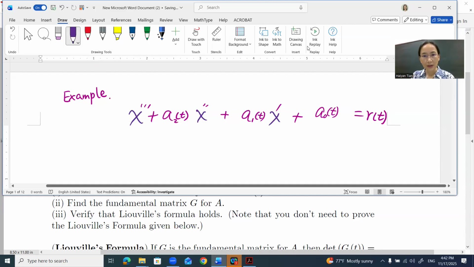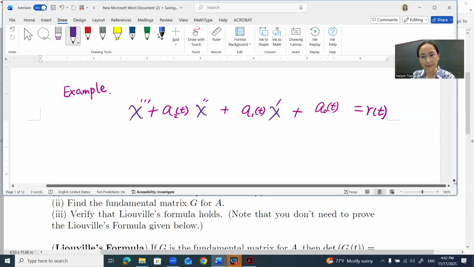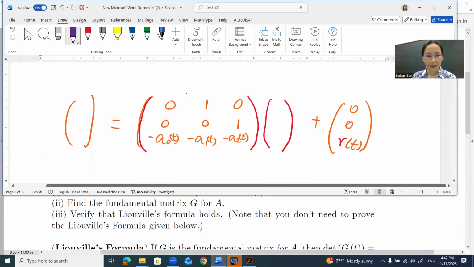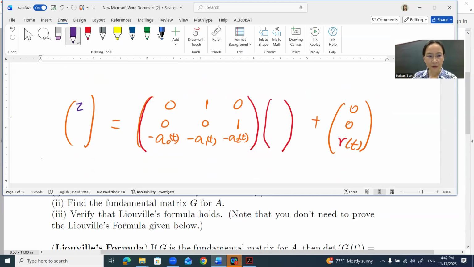So this system can be written as a first order system after we do a change of variable.